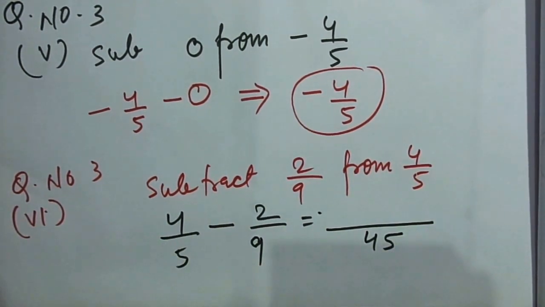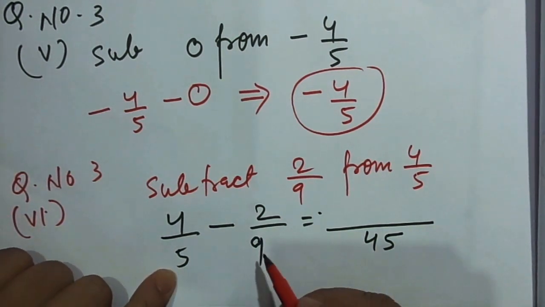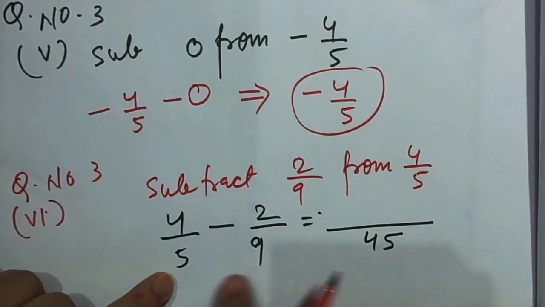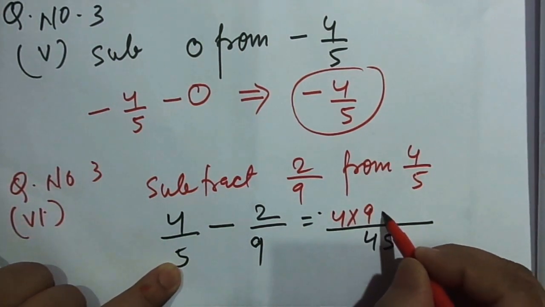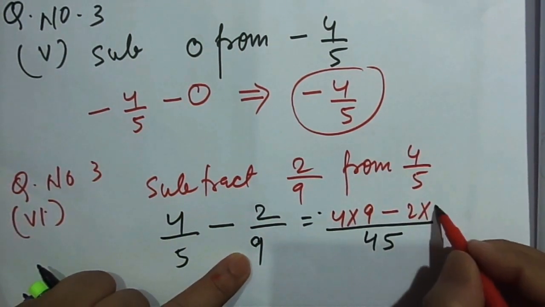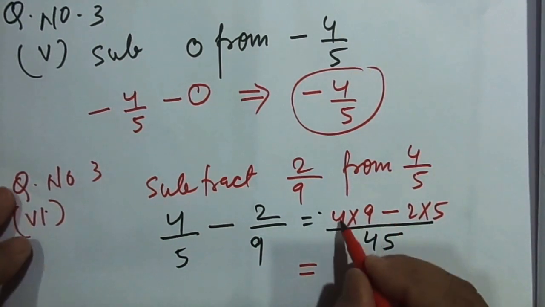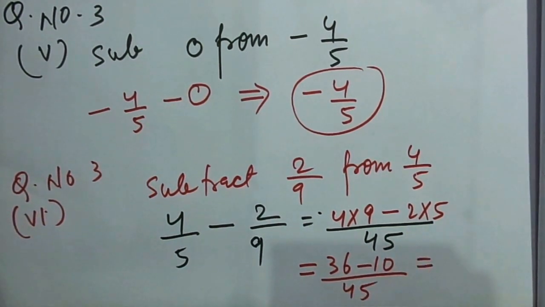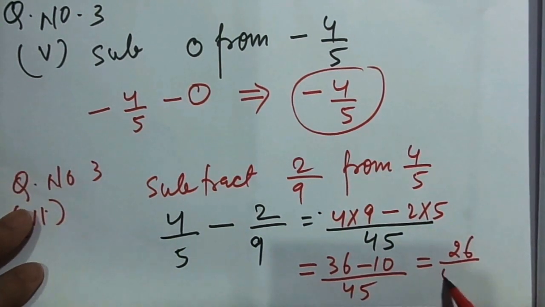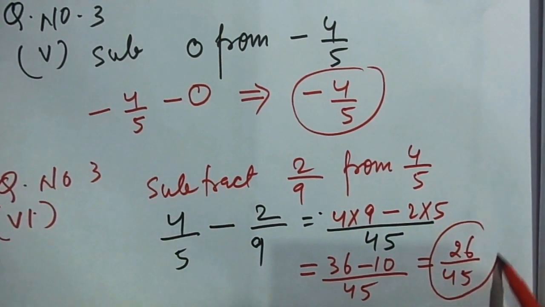Because they are co-prime numbers. Co-prime numbers are numbers which have only one factor, which is 1. So 45 divided by 5 is equal to 9. So 4 into 9 minus 2 into 5, which will be equal to 36 minus 10 by 45, and the final solution will be how much? 26 by 45 is our final solution.